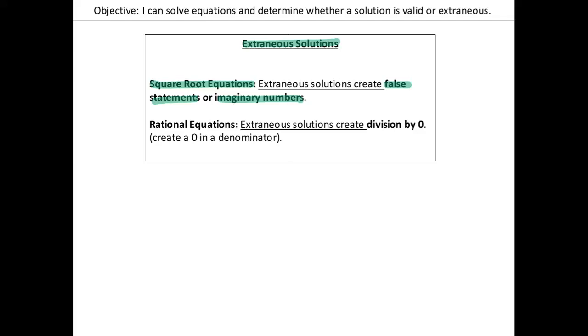So if we ever have a square root with an x on the inside, that's when you have to check your solution. If you get a false statement like 2 equals 0, whatever you plugged in would be extraneous. Or if you get anything that's imaginary, like the square root of a negative, that would be extraneous.